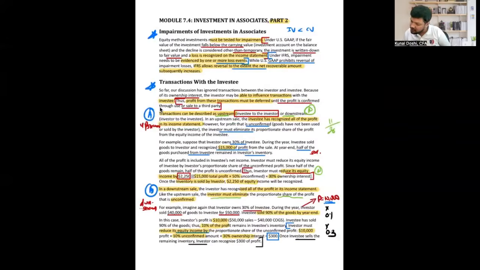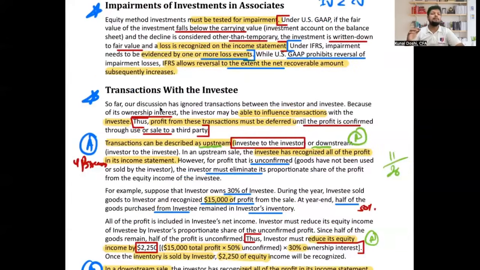Now remember, before we go to full and partial goodwill, we are under investment in associates. Here, what we did is the equity method when there is goodwill or when there is no goodwill, correct? Now there is some additional discussion that when there are transactions with the investee company, these are called upstream and downstream.